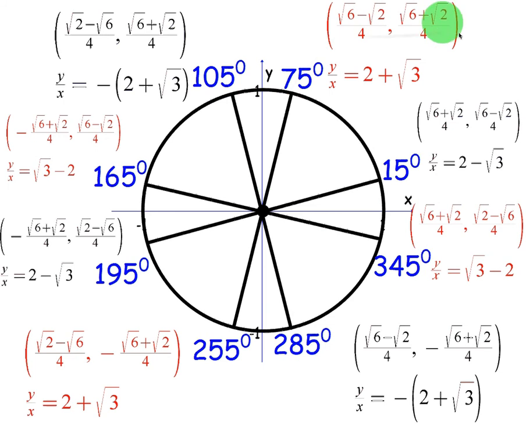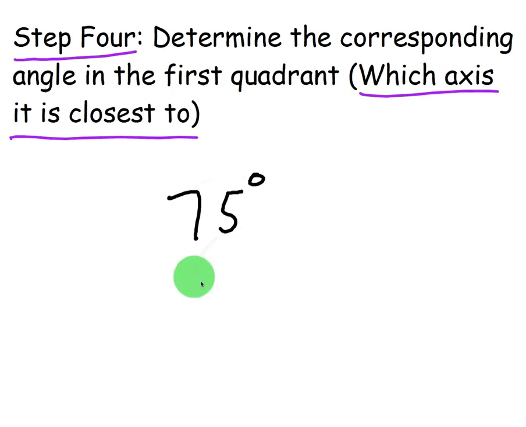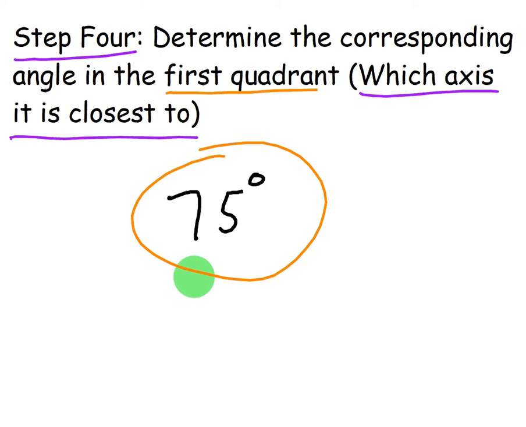In other words, we're going to use the y value in this angle that's closest to the y-axis, square root of 6 plus square root of 2 over 4, to figure out the y value of 285, which is also closest to the y-axis. I don't want to skip any steps. For step 4, we're just saying that the 75 degree angle is the corresponding angle in the first quadrant.